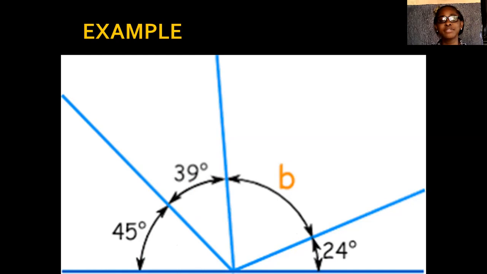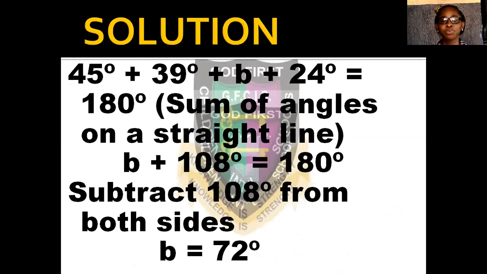So let's find the value of B. Solution: we have 45 degrees plus 39 degrees plus B plus 24 degrees equals 180 degrees. Reason: sum of angles on a straight line. The addition of 45, 39, and 24 sums up to 108 degrees.